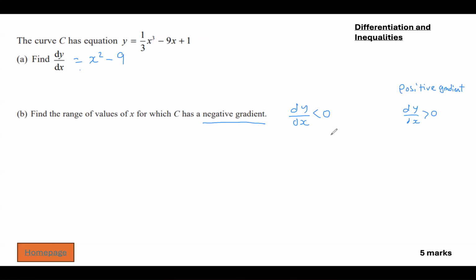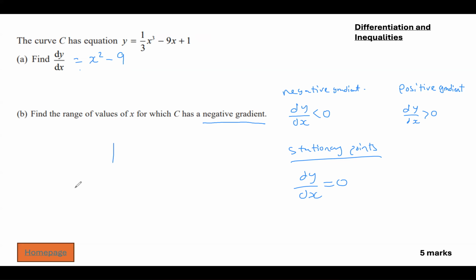If it was asking for stationary points, so it might have said work out the coordinates of the stationary points of this graph, then at stationary points, the gradient is 0. So here we have a negative gradient. Here we have a positive gradient, and at the stationary point, we have a gradient of 0.